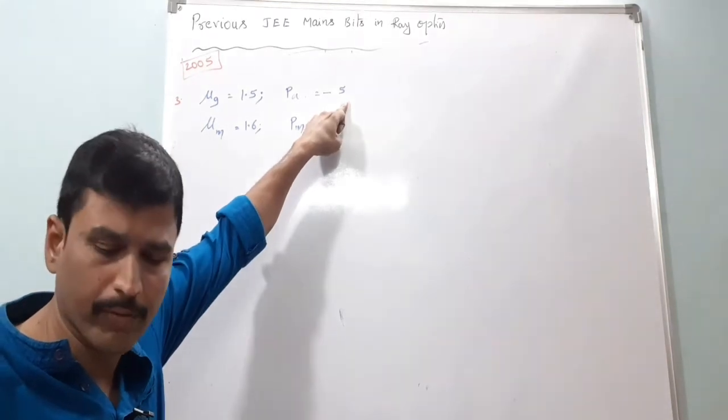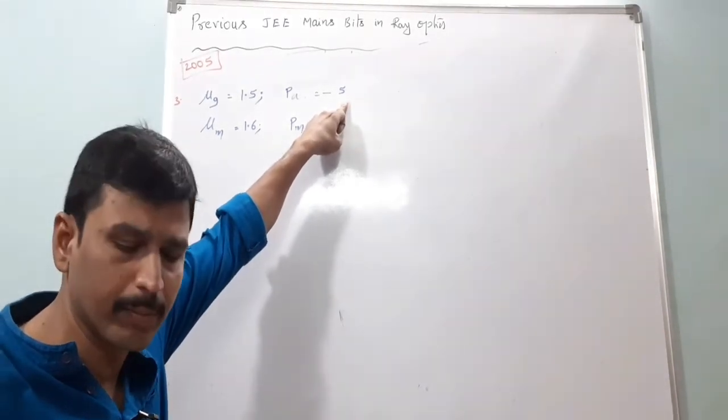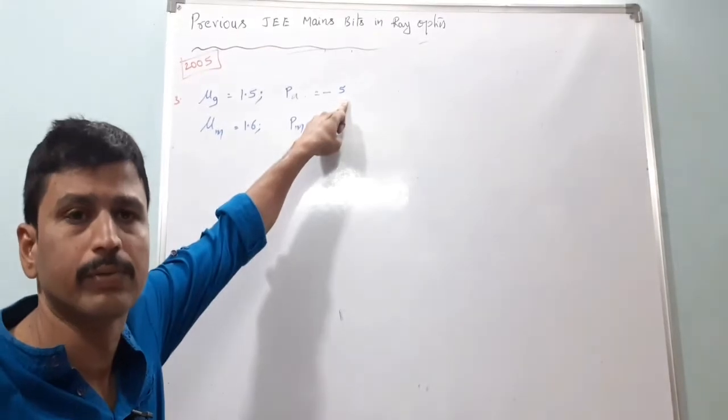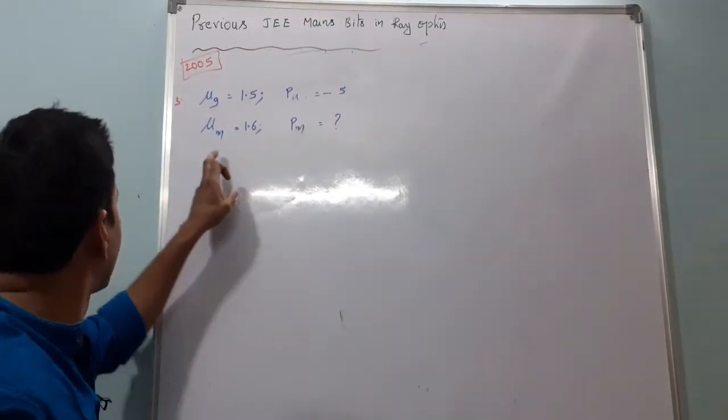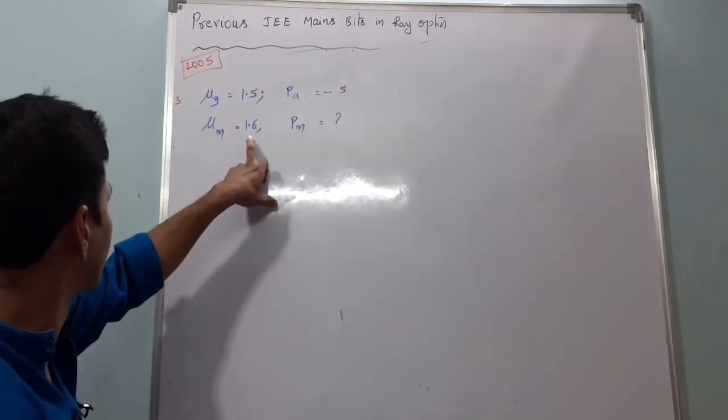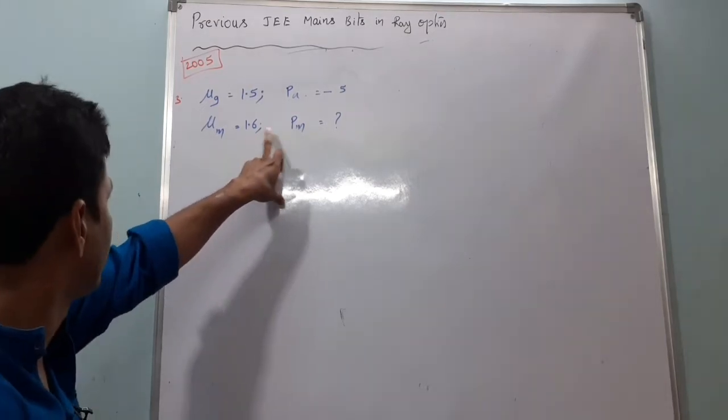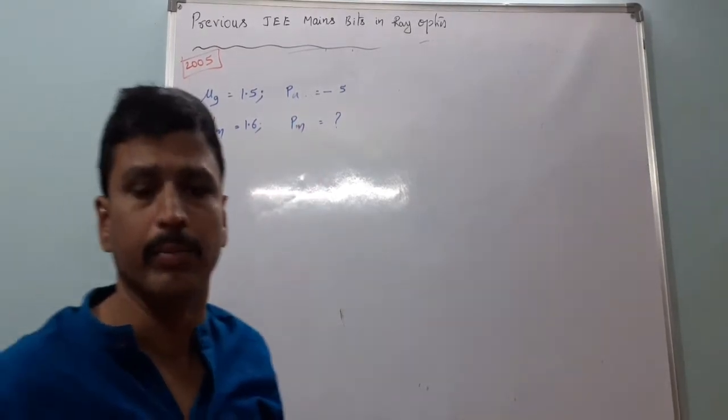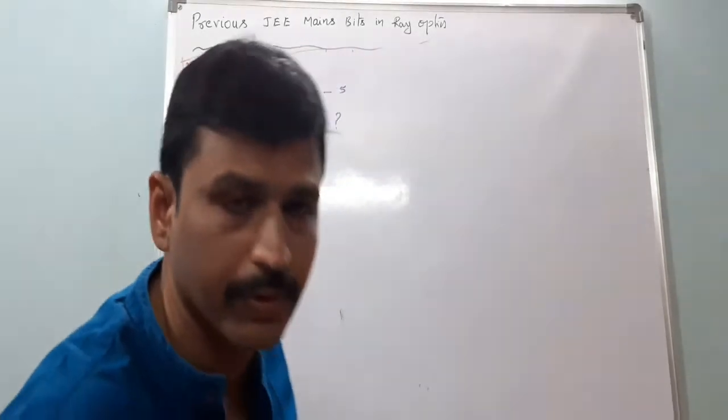Its optical power in a liquid medium with refractive index 1.6. So the refractive index of medium is equals to 1.6. Then find the power of medium.